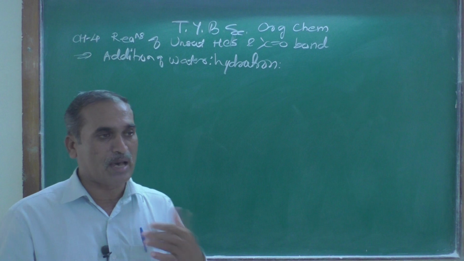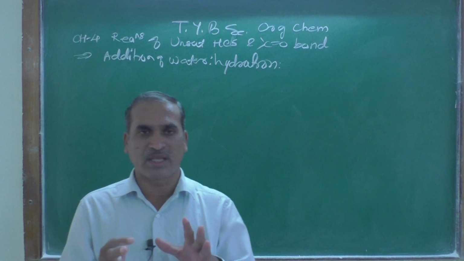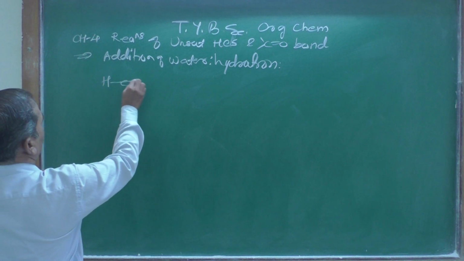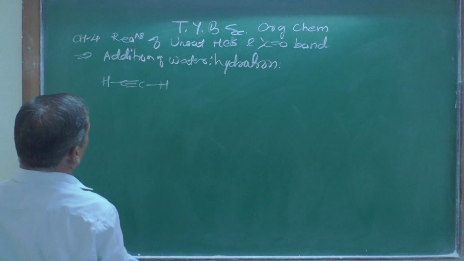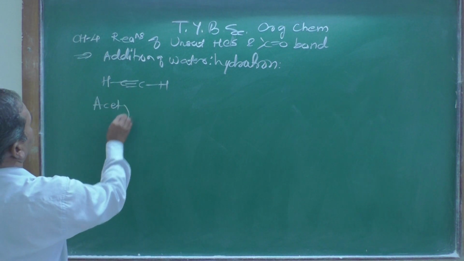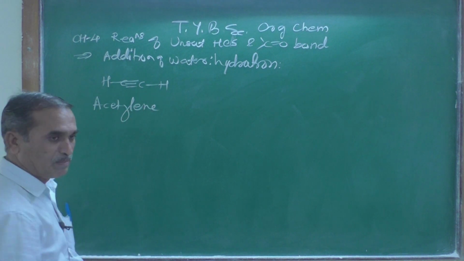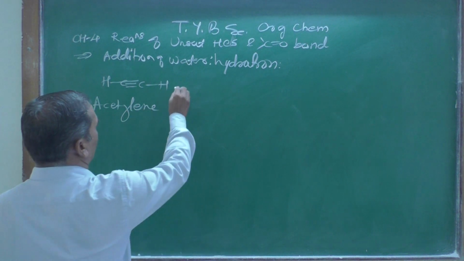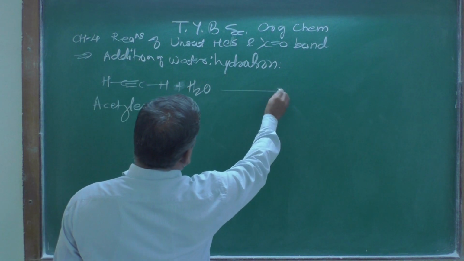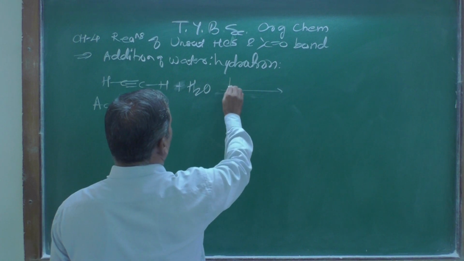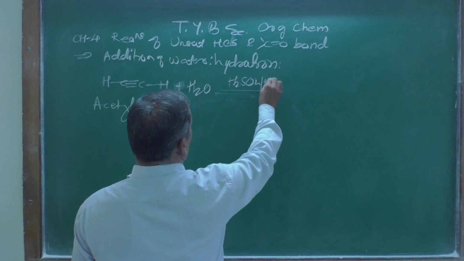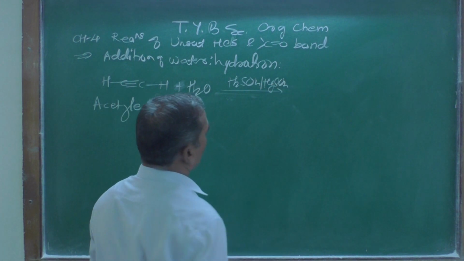Let us see the example over there, how we are getting it. For example, suppose we have HC triple bond CH. The example is acetylene, the simplest example, which is symmetrical, and it is treated with water in the presence of H2SO4, sulfuric acid, and HgSO4, mercuric sulfate.